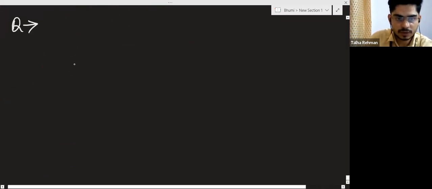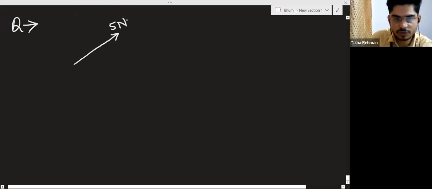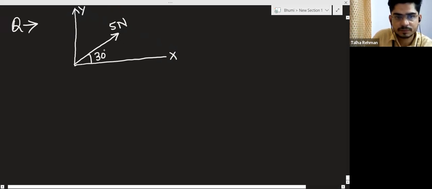So if there is a force of 5 Newton in this direction, and this is the x-axis and this is the y-axis, and this is making an angle theta, means 30 degree with x-axis.